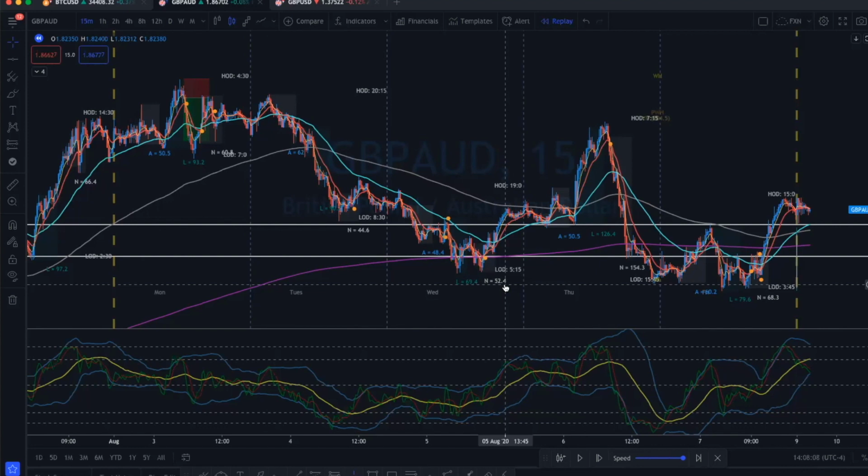If you're trading the US session, it would have been a really good week. You had this trade here, this trade back up, this trade back up, and possibly this trade back up too. So you had 1, 2, 3, 4 trades. And it's not always like this, by the way.